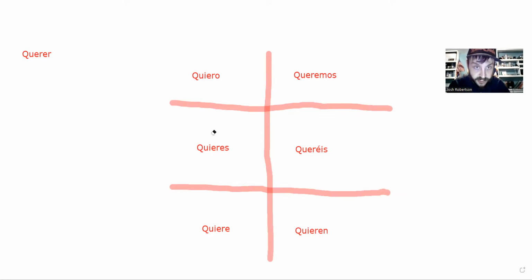A little magic eraser here. Now let's go over the subjunctive present.